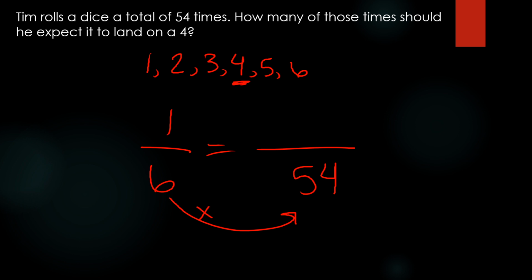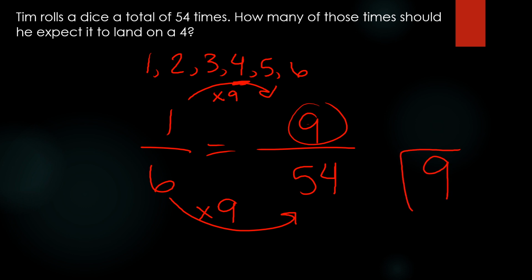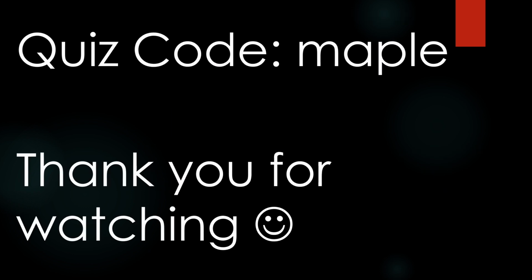And think about 6 times 10 is 60, which is a little bit above 54. So if I were to do 6 times 9, that gives me 54. So let's do the same thing up top. 1 times 9 is 9, which means that Tim here could expect to land on this 4 9 times if he rolls his dice a total of 54 times. Tim is very dedicated to his probability experiments.